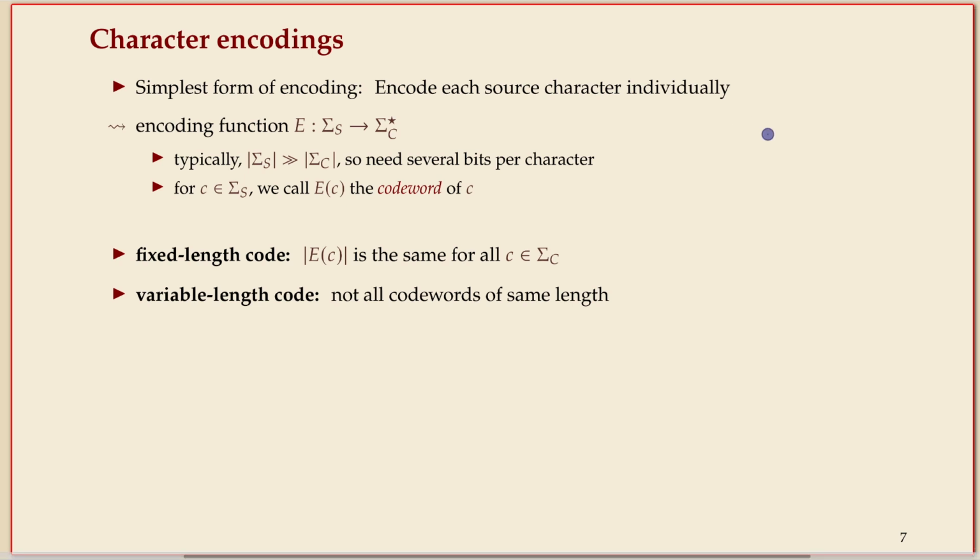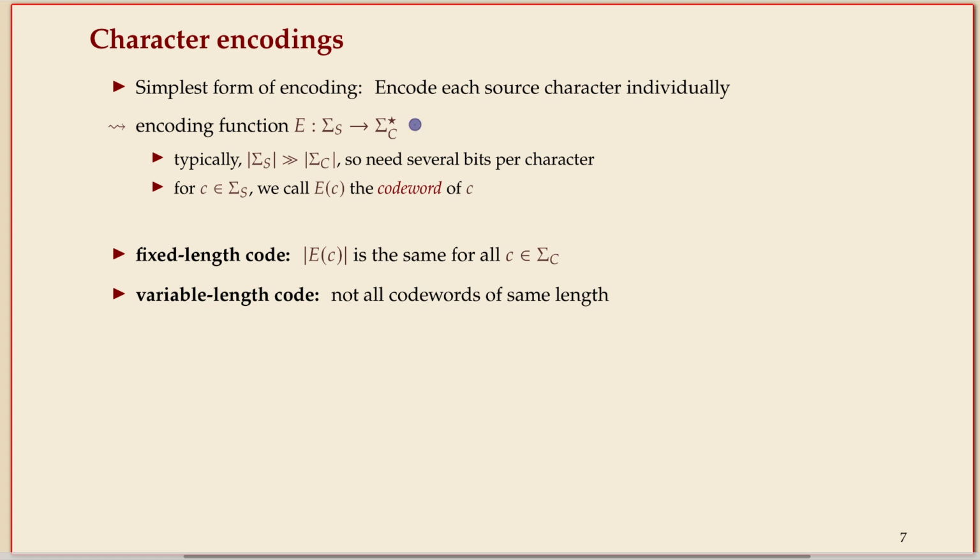So in the simplest form, an encoding is a function that maps our input alphabet, the source alphabet, to the coded alphabet. But we can't just do letter by letter, because the source alphabet could be the English Latin alphabet with 26 letters, or lowercase and uppercase, many more.